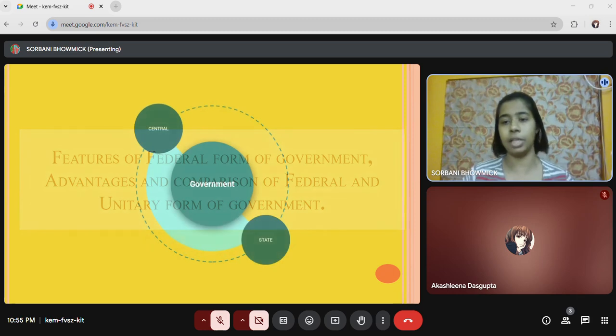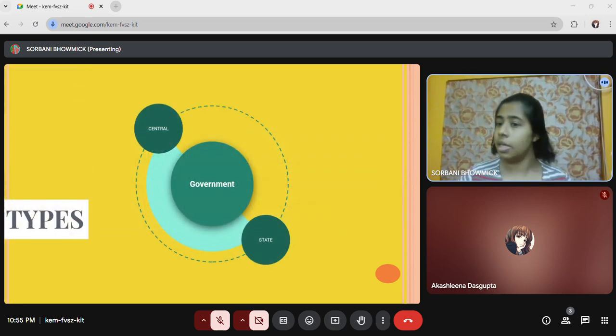Okay, so next one is types. When we are talking about a federal form of government, it is important to understand government. So two types: one is at the center and one is at the state. Now you might ask, ma'am, why do we need a central government and why do we need a state government? India has a huge population, right? Because India has a huge population, one central government cannot look into regional demands.